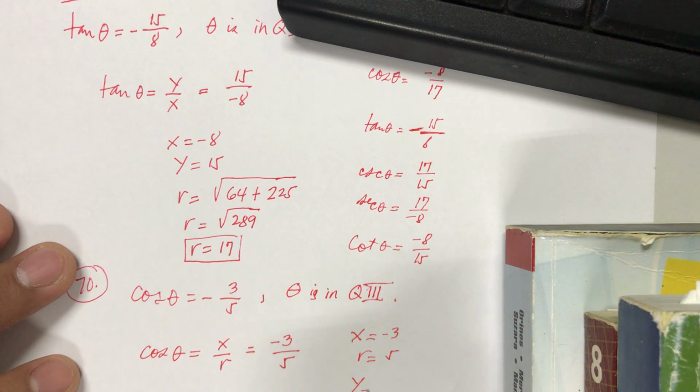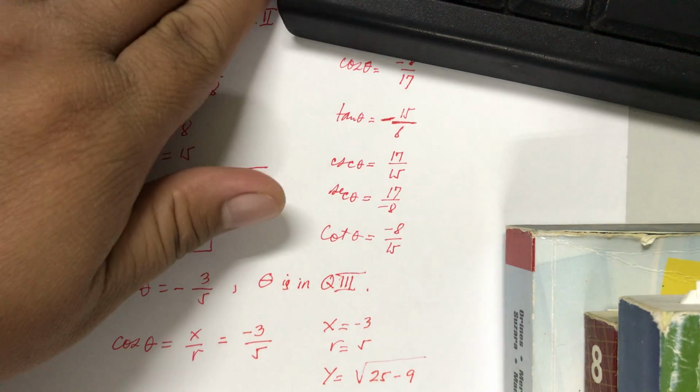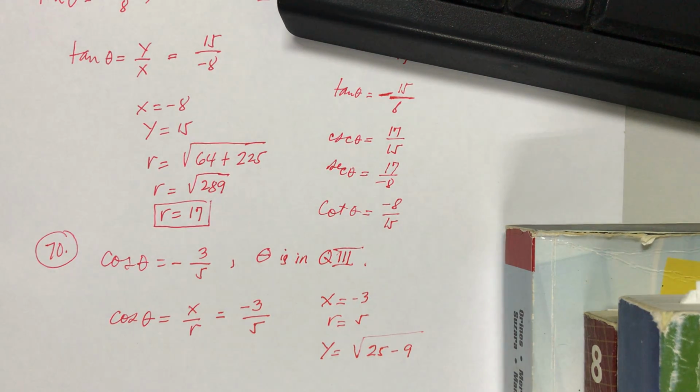So what is y? Y is the square root of the difference of 25 and 9. 25 is obtained by squaring 5, 9 is obtained by squaring negative 3. So 25 minus 9 is 16. If you take the square root of 16, that would be positive or negative 4.